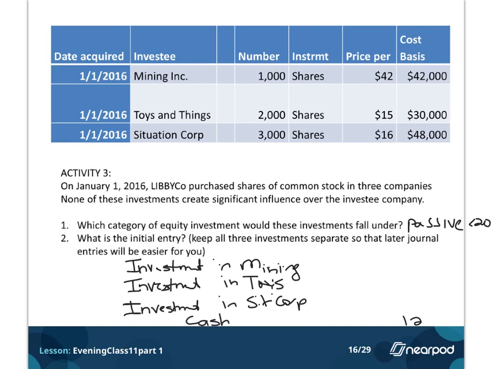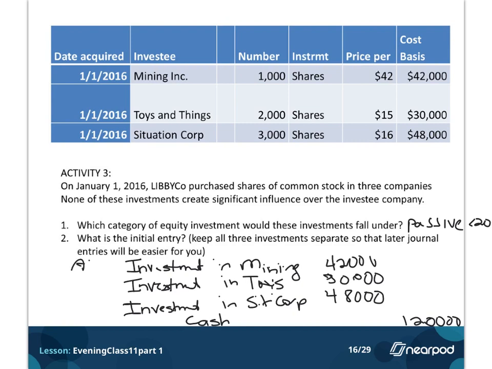My credit to cash is for the sum of those 3, and the debit is just whatever they cost me, right? The fair value, that's how we record assets when we initially acquire them, just like we did in Chapter 10.